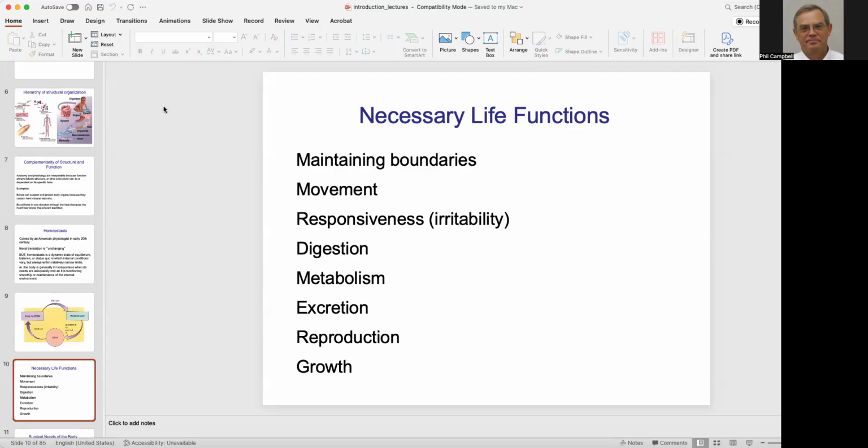Now, the last thing I'll talk about is reproduction. Everything I have talked about to this point are critical life functions for everyone in this room, right? For the individual of a species, these are necessary life functions. Now, reproduction, on the other hand, is not a necessary life function for an individual within the species. Whether you have children or not doesn't matter.